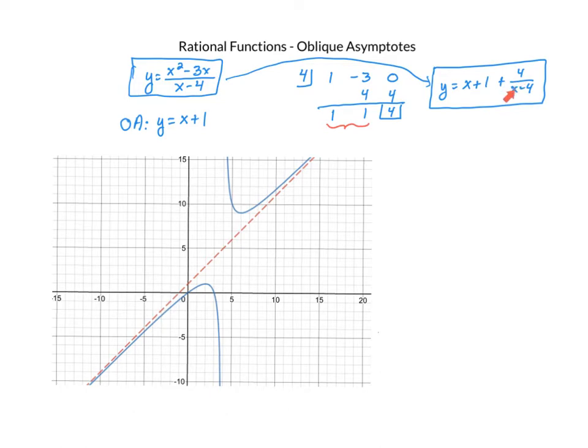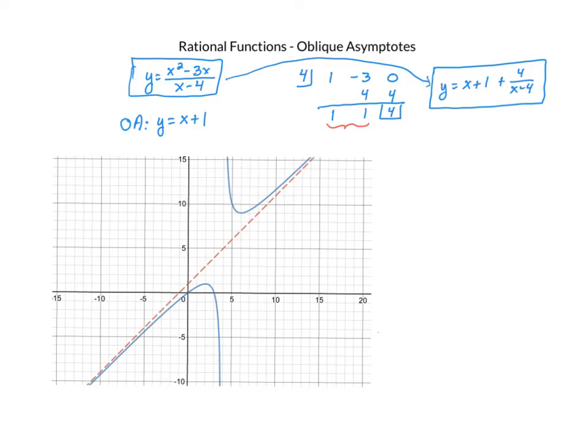And in fact, this fraction right here becomes insignificant as x gets very big or as x gets very small, like -100 or -1000. So this essentially becomes so small that the graph takes on the look of the line that would be y equals x plus 1. So you see right here, the equation of the oblique asymptote was just written as y equals x plus 1.